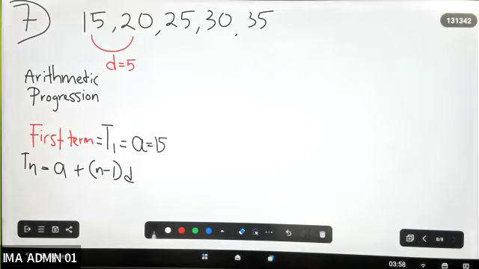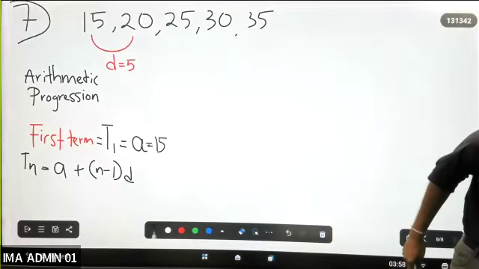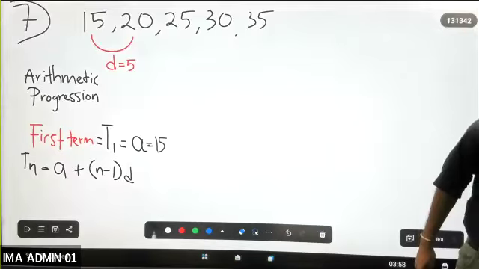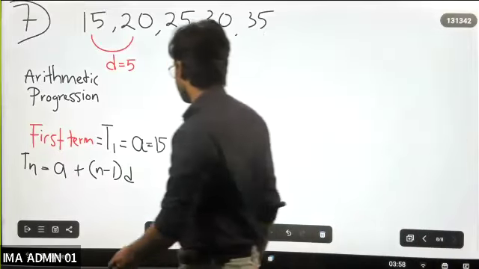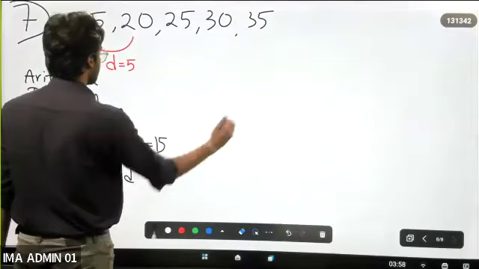This is the equation used to find a specific term, and the question is asking us to derive this Tn. Now we know A, we know d, so we can find Tn.